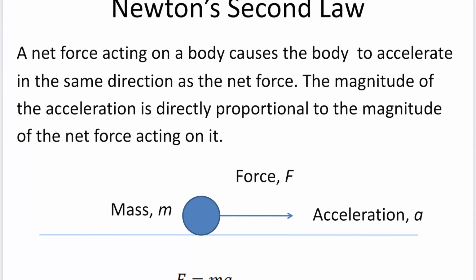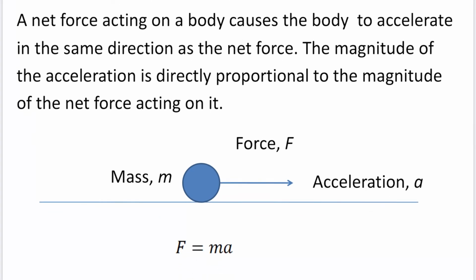The net force acting on a body causes the body to accelerate in the same direction as the net force. The magnitude of the acceleration is directly proportional to the magnitude of the net force acting on it. We consider an object whose mass is lowercase m, and a force of magnitude F acts on this object.